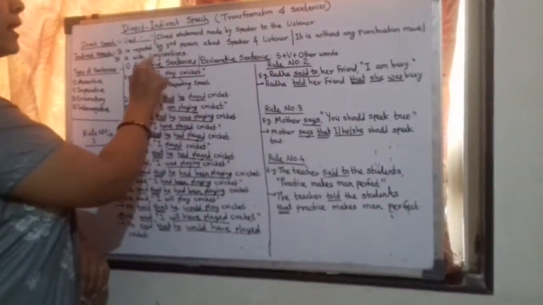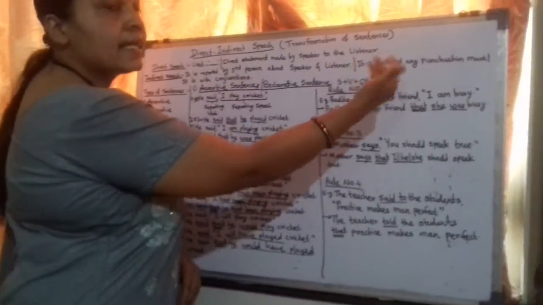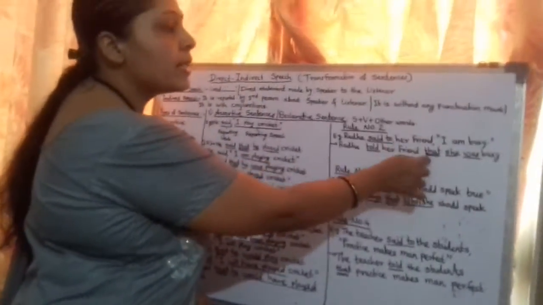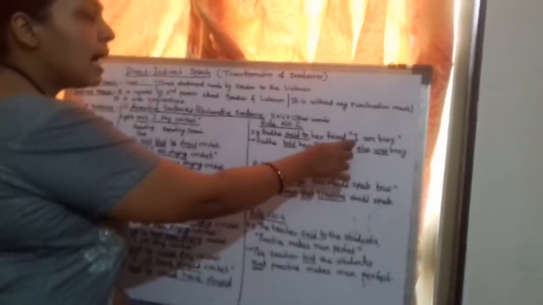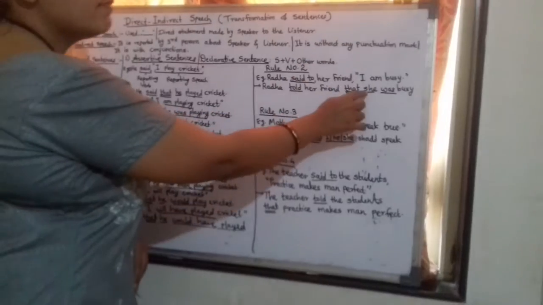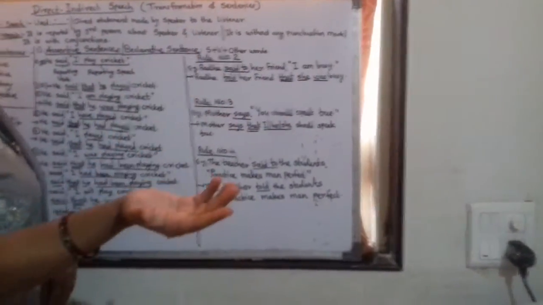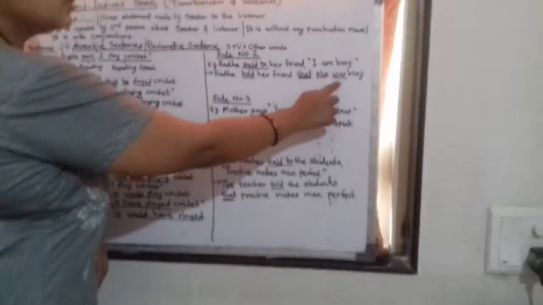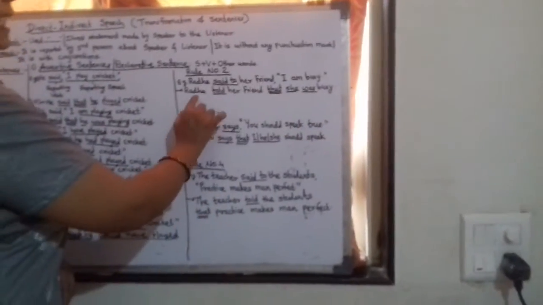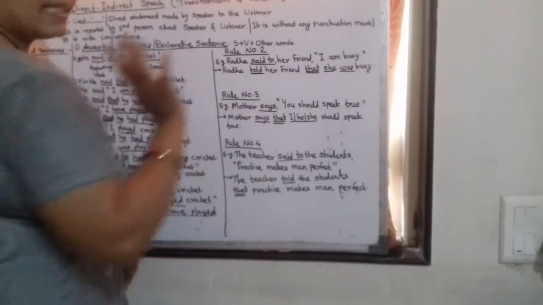This is the rule for the assertive type of sentence. Then convert the next sentence as it is by including the conjunction that, and I, belonging to the speaker Radha, becomes the pronoun she. The tense is simple present, so it will be converted into simple past. So it will be: Radha told her friend that she was busy.